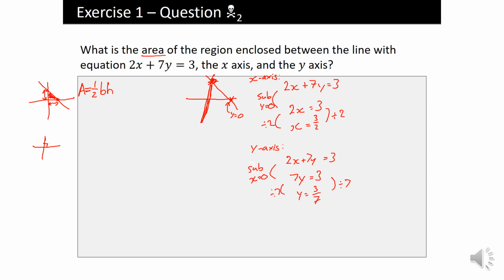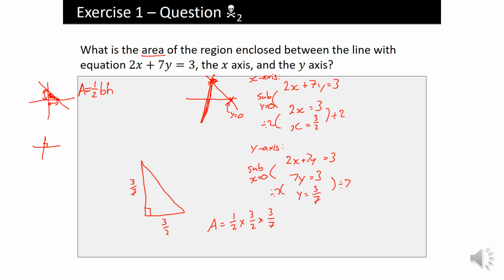Okay, so we've done a lot of the hard work, so we've got now a triangle. It looks like this, it's right angle. It's got a base of 3 over 2. It's got a height of 3 over 7. So the area is a half times base, which is 3 over 2, times height, which is 3 over 7.